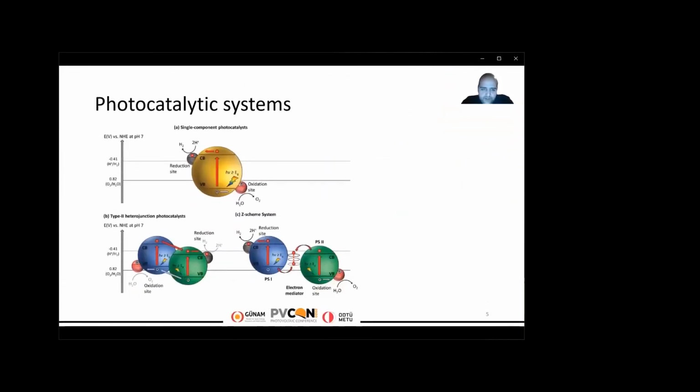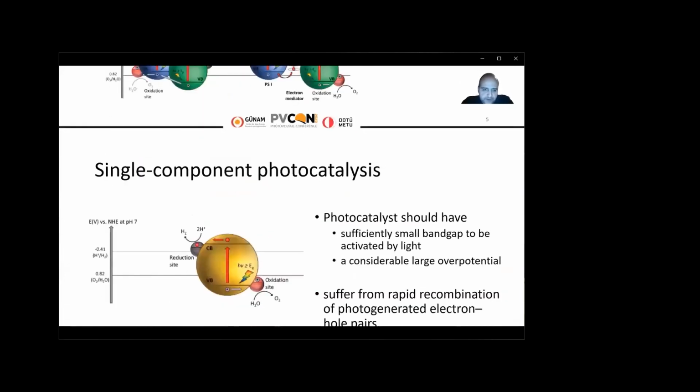So we can classify photocatalytic systems in three main groups. The first one is single component photocatalysts, which comprise only a single component. And we can have type 2 heterojunction and Z-scheme photocatalyst systems.